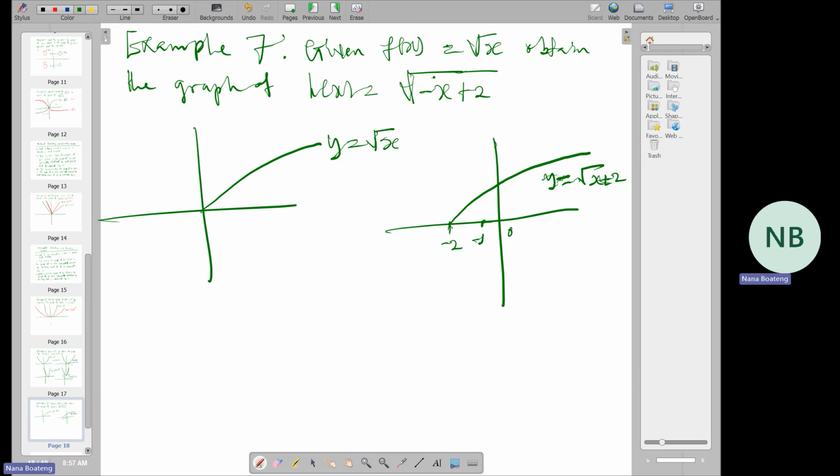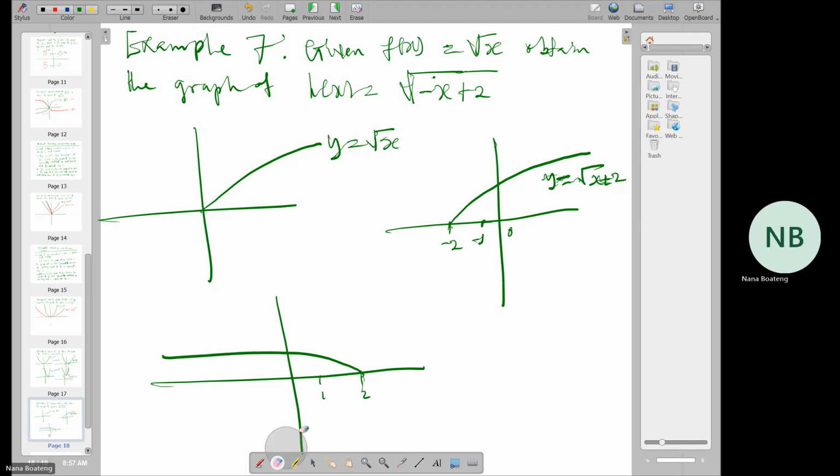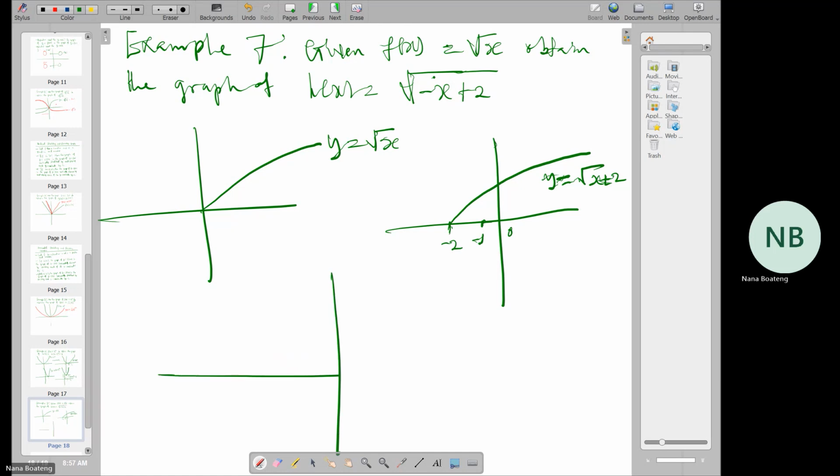And reflected across the y-axis, it becomes this.